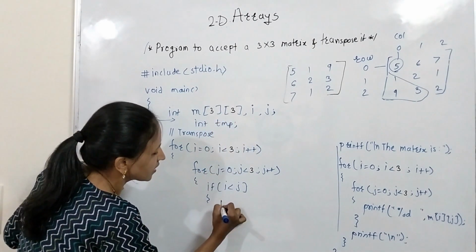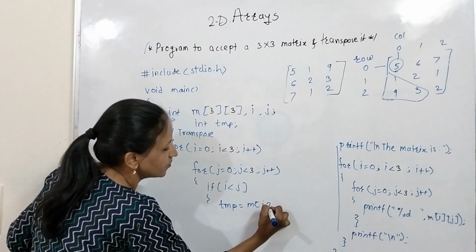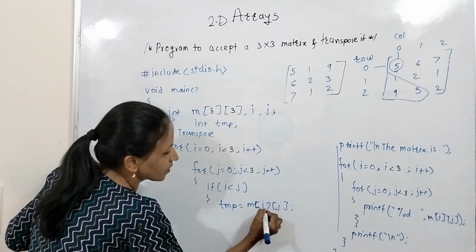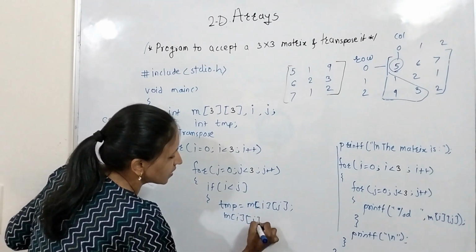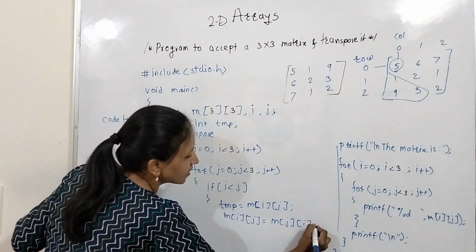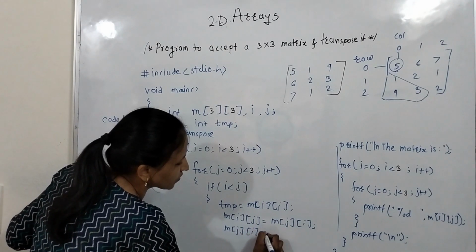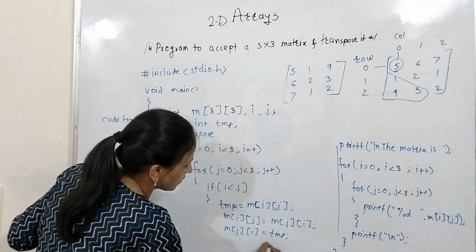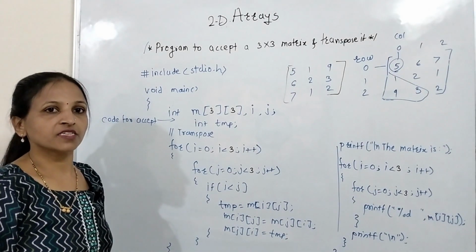Then we can write temp equals M of ij, then M of ij equals M of ji, and then M of ji equals temp. This is the only logic to transpose the matrix.